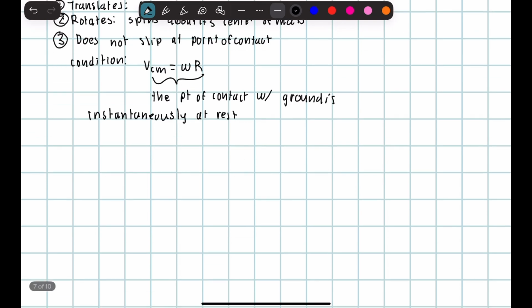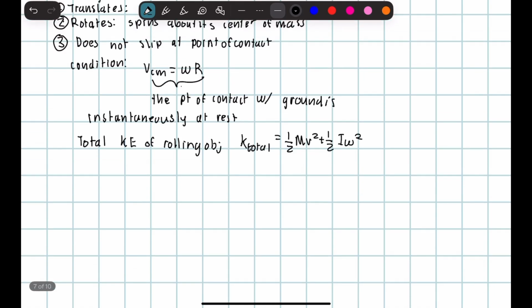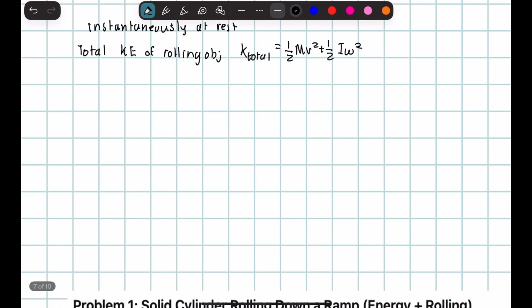Also, the total kinetic energy of a rolling object, K total, is equal to 1/2 m v squared plus 1/2 I times the angular velocity squared. Using the rolling equation, v is equal to omega times r, this can entirely be rewritten in terms of v.